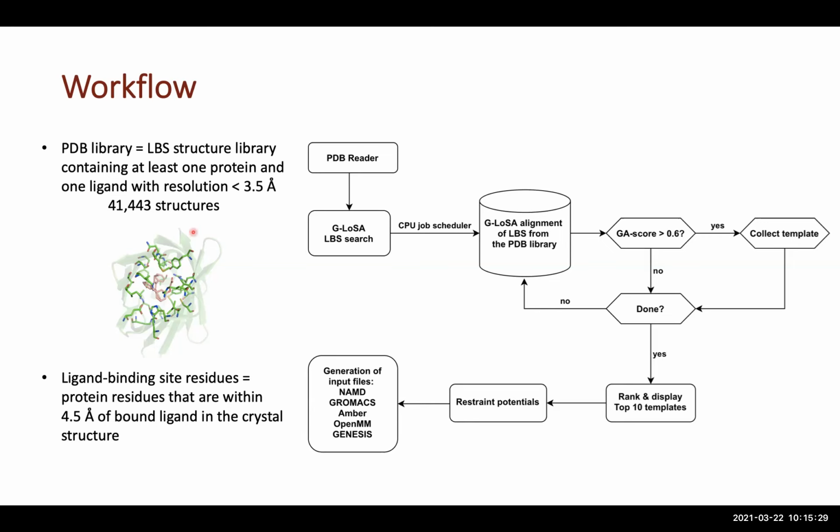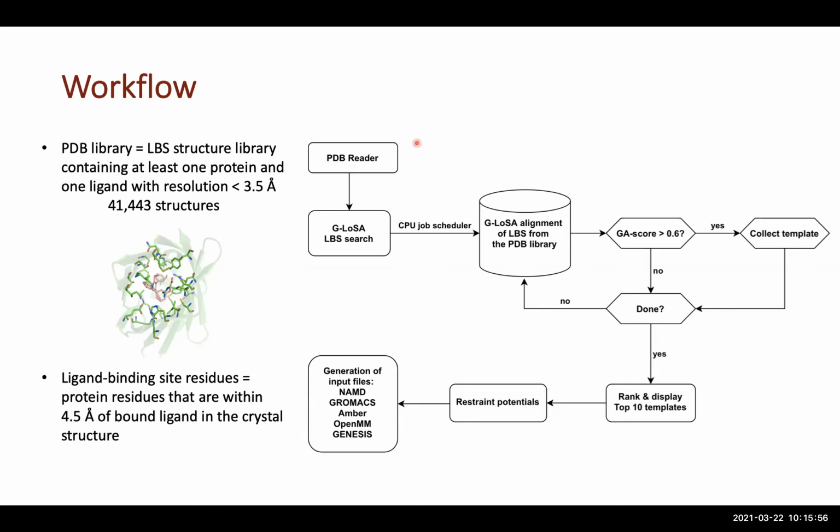So for example, for this protein, you have its binding site with stick representation in green and the ligand shown in pink. We have about 41,000 of these in our GeoLoSA library. And our definition of ligand binding site residues are protein residues that are within 4.5 angstrom of bound ligand in the crystal structure.